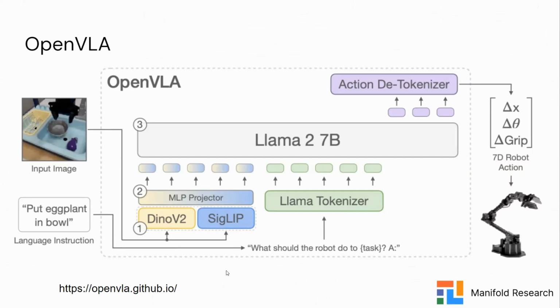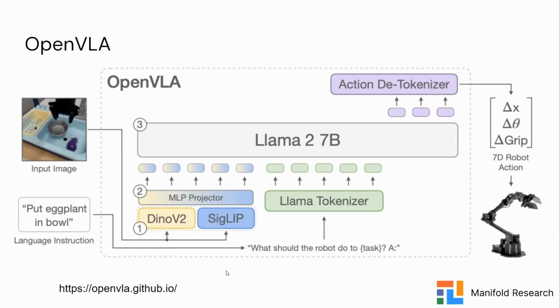In terms of the architecture, OpenVLA has DINOv2 and SigLIP backbones. They take in the images and convert them into embeddings that capture both spatial and semantic features in the scene. Then a custom multi-layer perceptron projector maps these embeddings into the Llama embedding space.